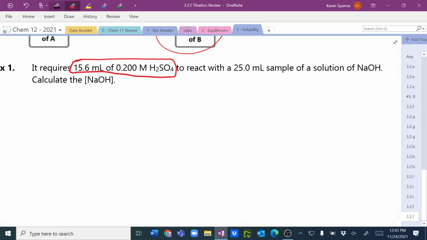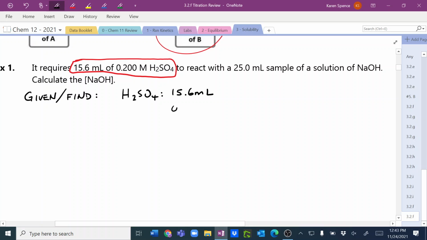Something that's really helpful very often for these questions is to write down what you are given and what you want to find. It just helps organize things a little bit. So we are given H2SO4, and we know that we have 15.6 milliliters, and we have 0.200 molar.